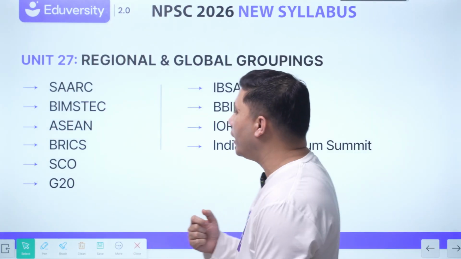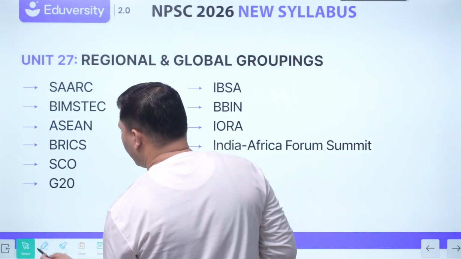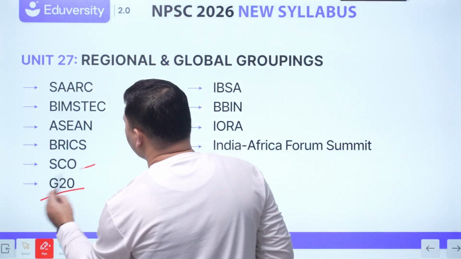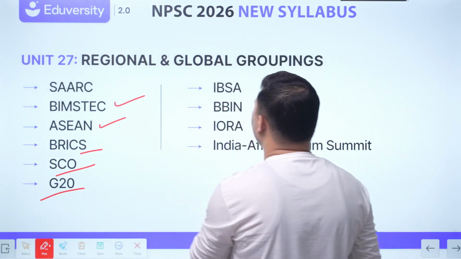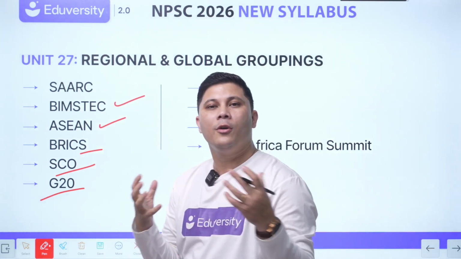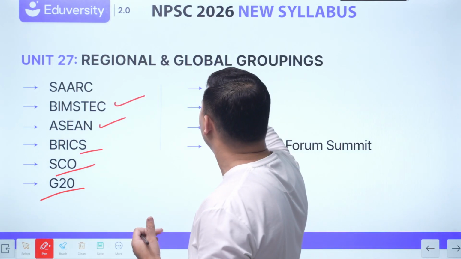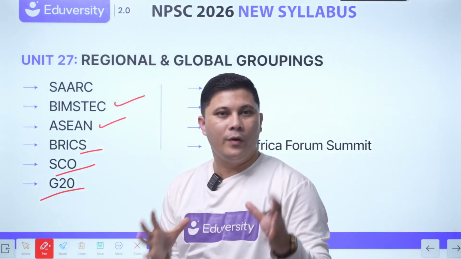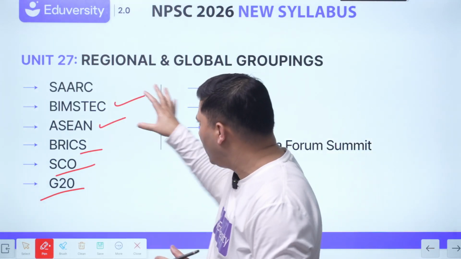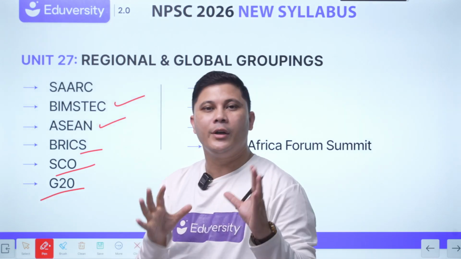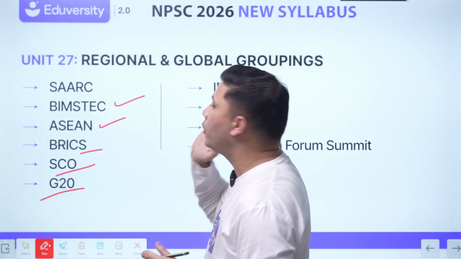Like the G20, SCO, BRICS, ASEAN, BIMSTEC. So all of these international, regional and global groupings, we are going to study in detail. Not only this, there are others also, which we have to study in unit 27.